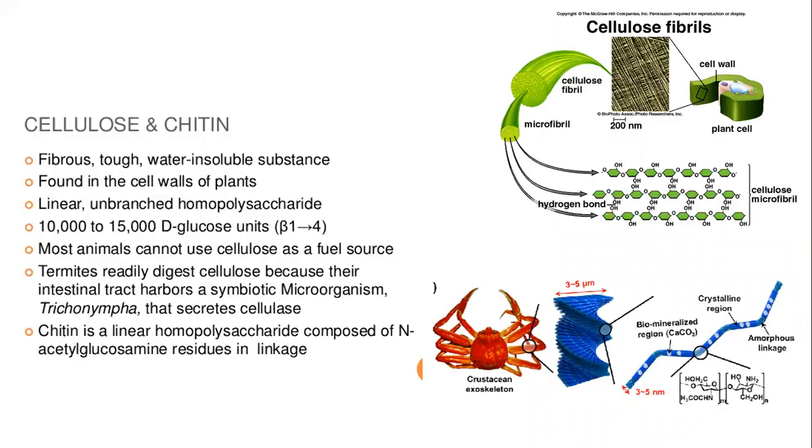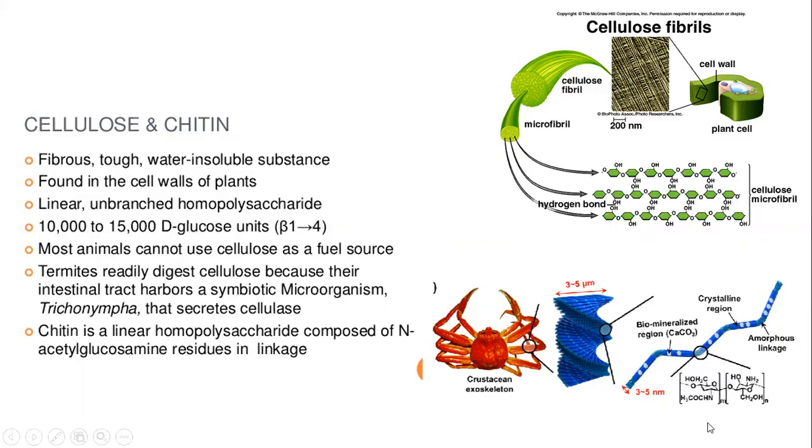Cellulose is present in the plant body. It is basically present in the plant cell wall. It contains the beta 1-4 glycosidic linkage. And chitin is mostly found in the crustacean exoskeleton, like shrimp and crab. These animals are known as crustaceans, and their exoskeleton is made up of chitin, which is joined by this type of linkage.